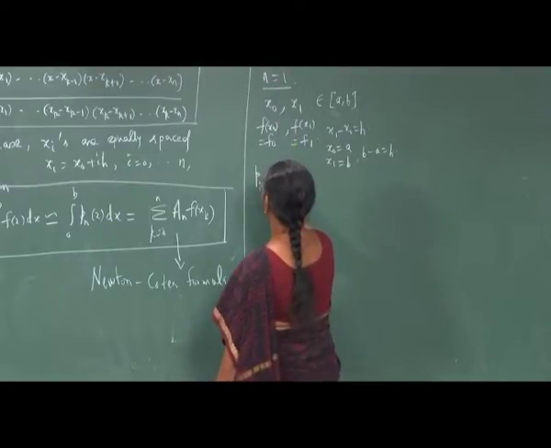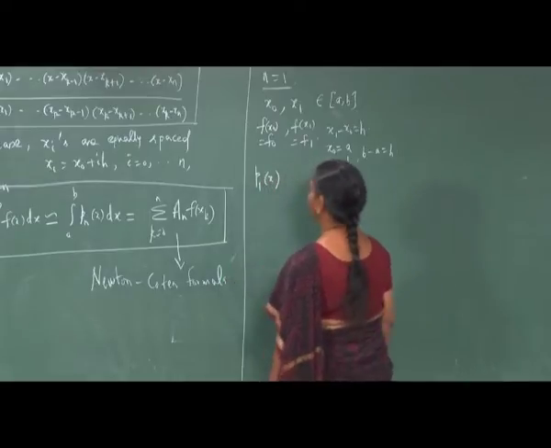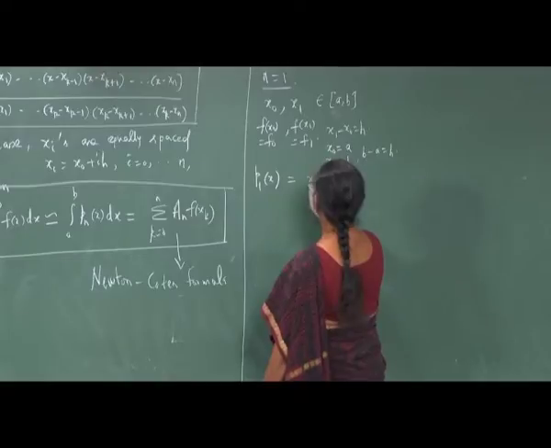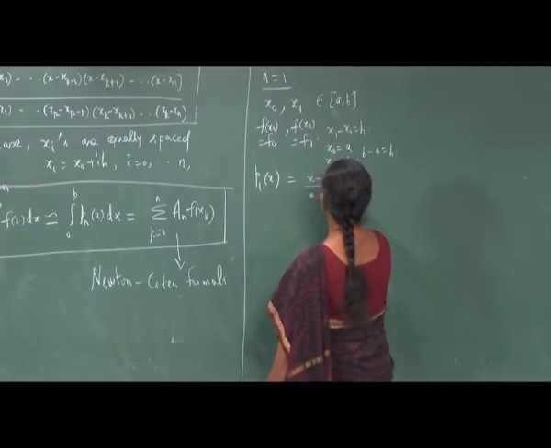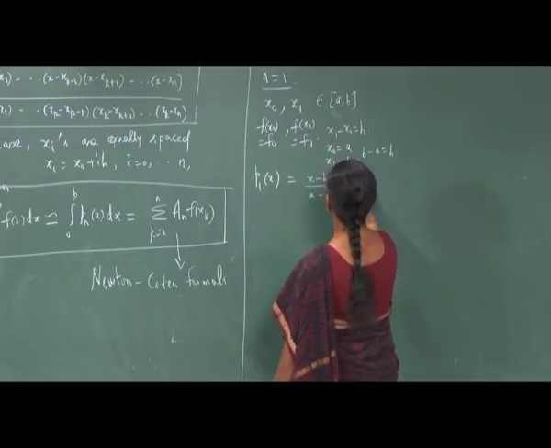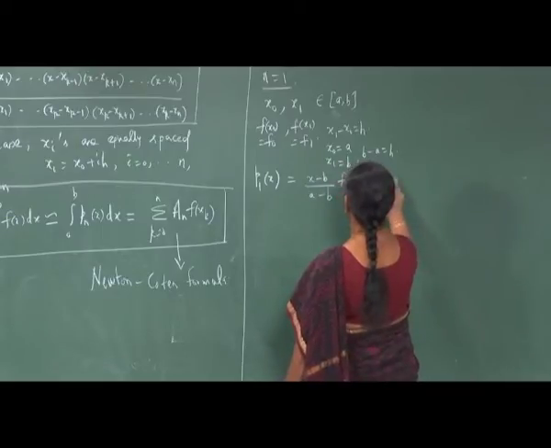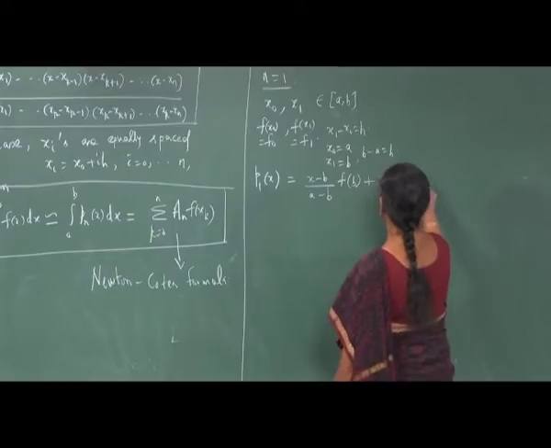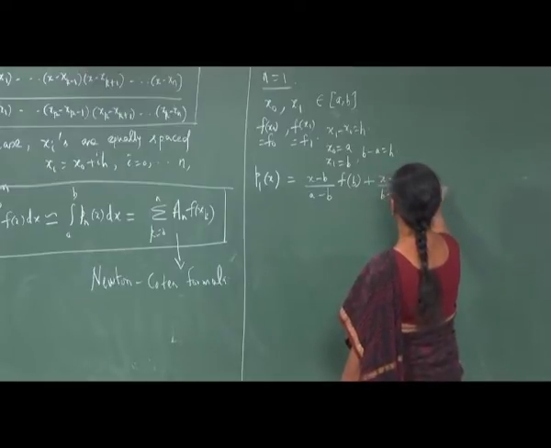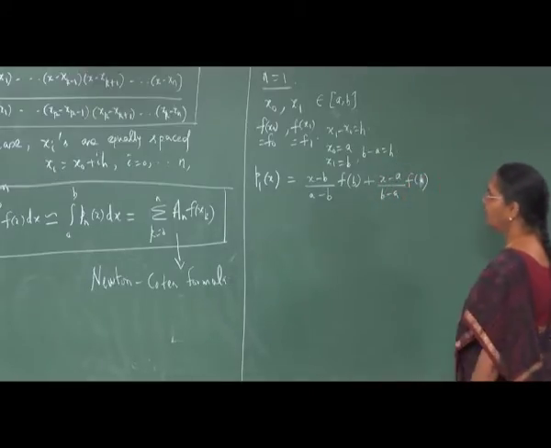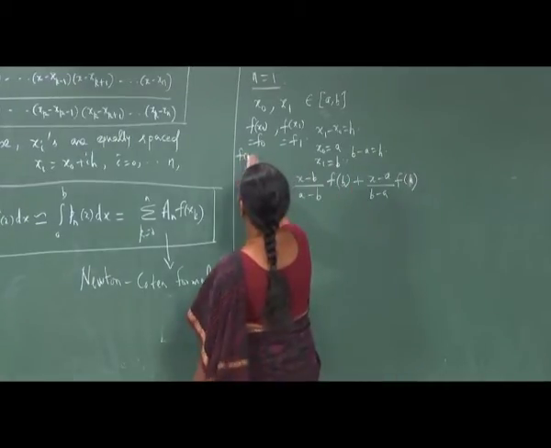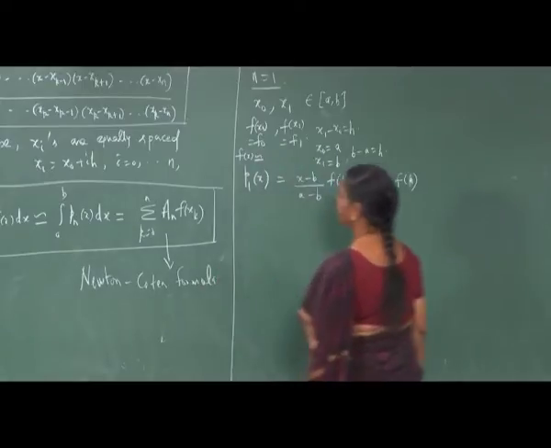So, I can approximate the function f by a linear polynomial, which will be x minus b by a minus b into f at a plus x minus a by b minus a into f at b. This is a linear polynomial that approximates f. So, f of x is approximated by this.